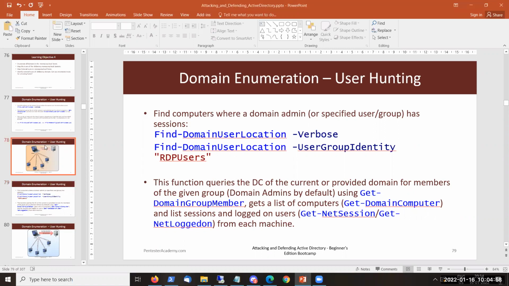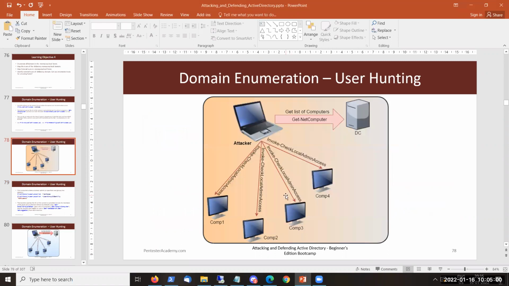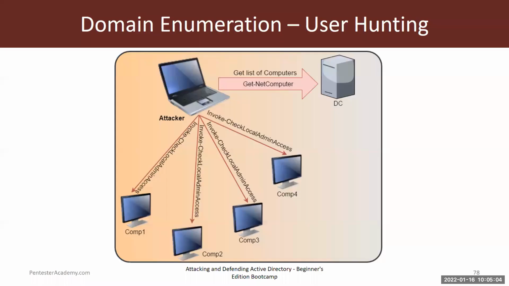So what we first took a look at was hunting for local admin privileges on other machines in the domain. The idea is you go to the DC and request a list of computers, and then you go to each and every machine and check if your current user has local administrator privileges on that machine. We discussed that this leaves a 4624 and a 4634 on the DC, which is fine.